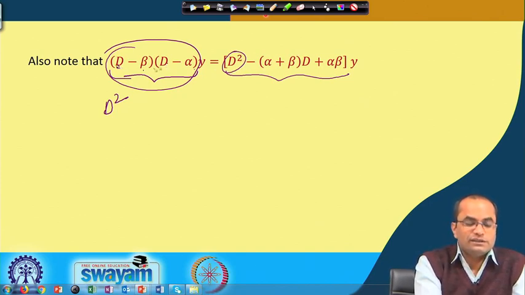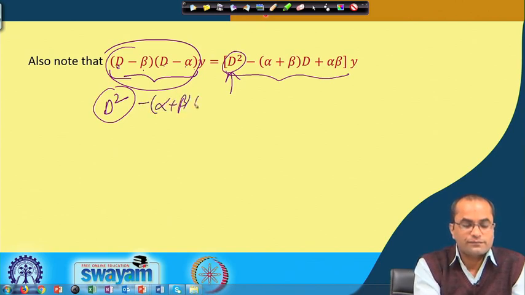So here D is multiplied by D, giving D squared, and then we will have minus alpha times D, minus beta times D, which we have written as minus (alpha plus beta) D, and then the product of alpha beta will give alpha beta, with everything applied on y.